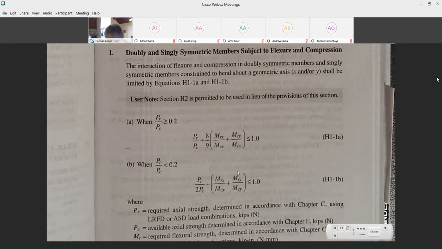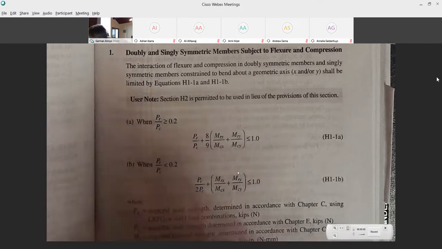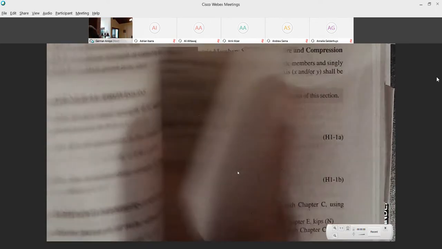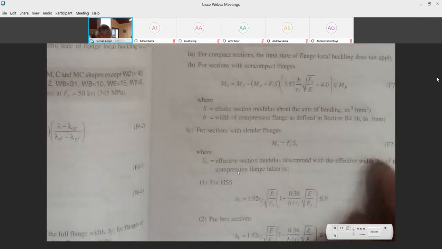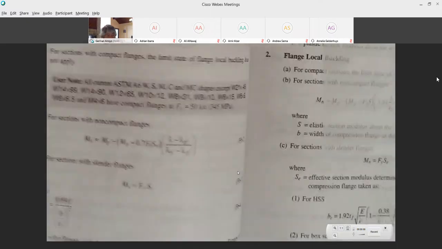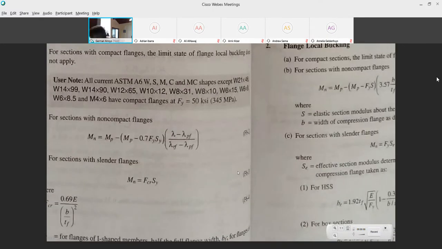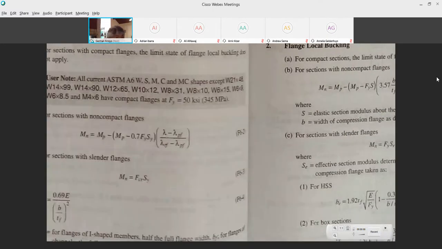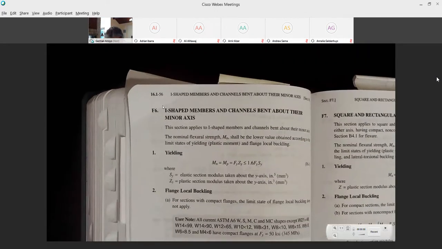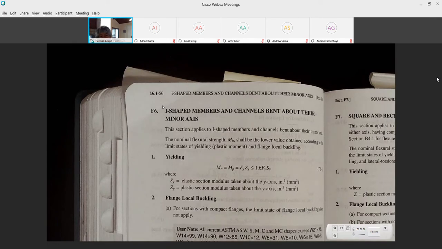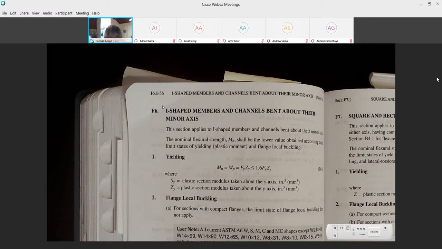So I mentioned also to you that in chapter F, if you go to page 16.1-56, and I remember I did this last Wednesday, so I just want to refresh memory.